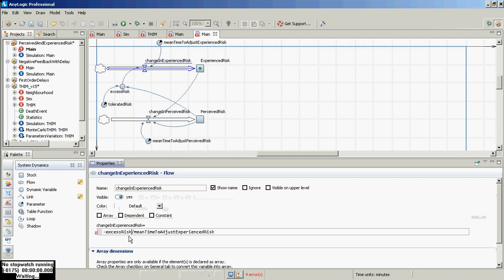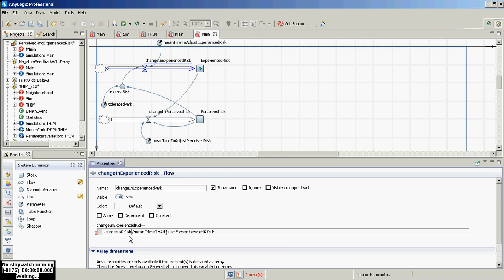So apologies about the confusion there. So what have I done? I've defined excess risk to be perceived risk minus tolerated risk. That's how much we are in excess of what we'll tolerate. And then for change in experience risk, I've made it minus the excess risk, divided by the mean time to adjust this risk.